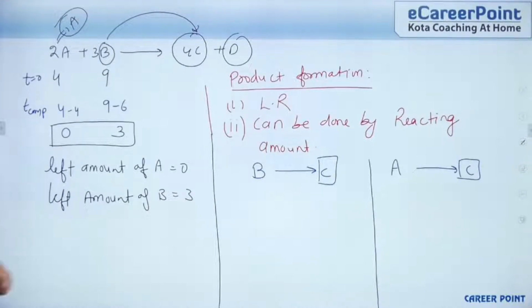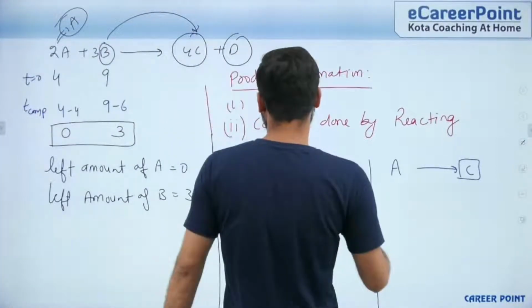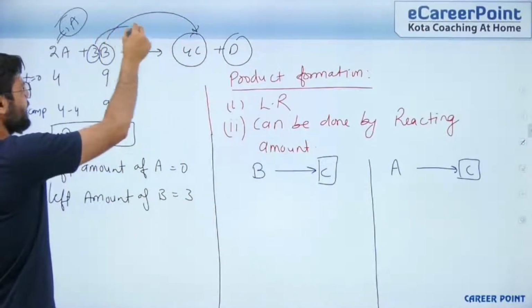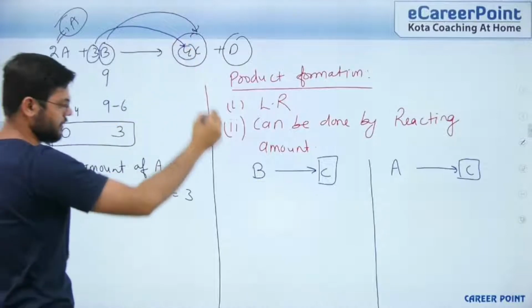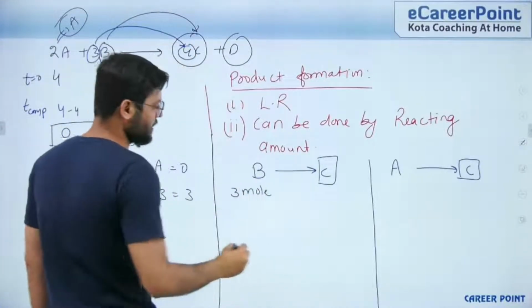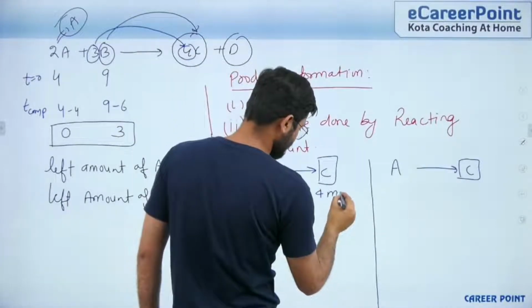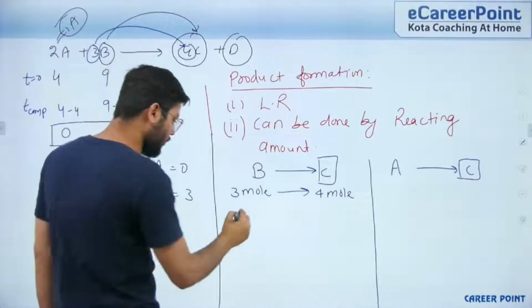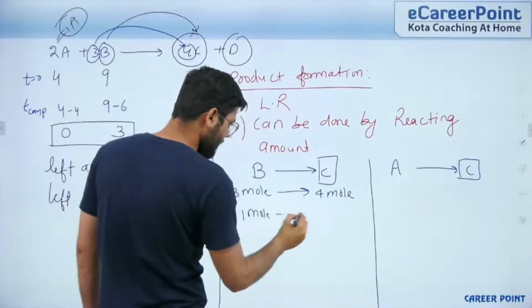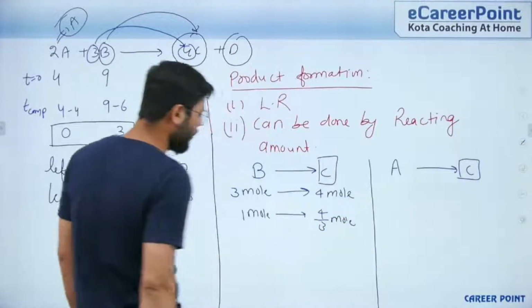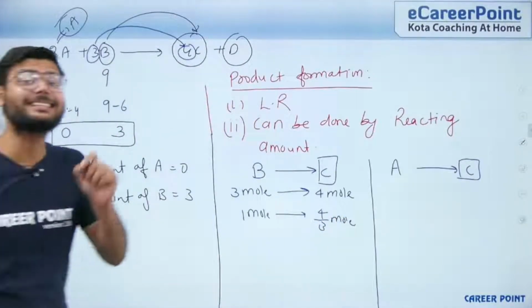Okay, so let's see how you will do it. Now B to C. We have the information that 3 mole of B reacts with 4 mole of C. Now 1 mole of B is going to make 4 by 3 mole of C. How much mole of B is reacting?